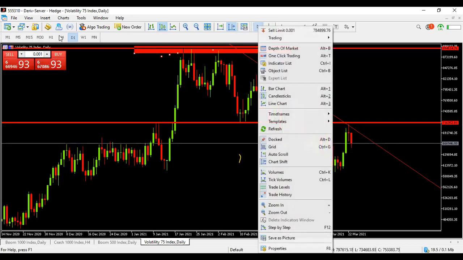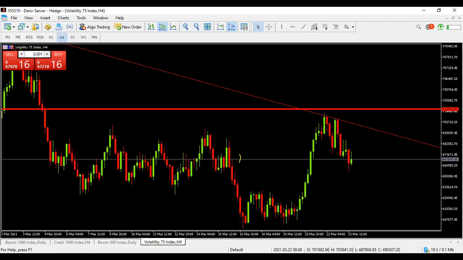Whatever time frame, if you are using the 4 hours, for instance, allow the 4 hour candlestick to finish forming before you jump in.